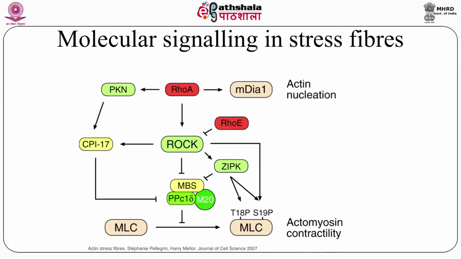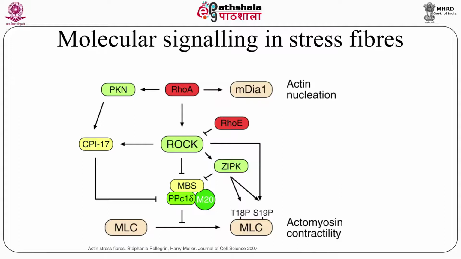This leads to accumulation of activated myosin motor proteins, which bind actin filaments polymerized by mDia to create stress fibers. RhoA activates ROCK, which also inhibits myosin phosphatase through a complex set of pathways.